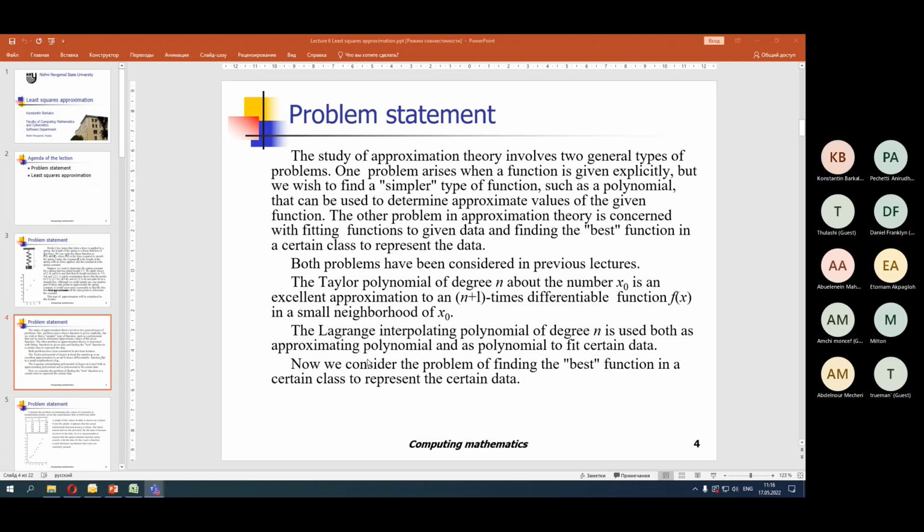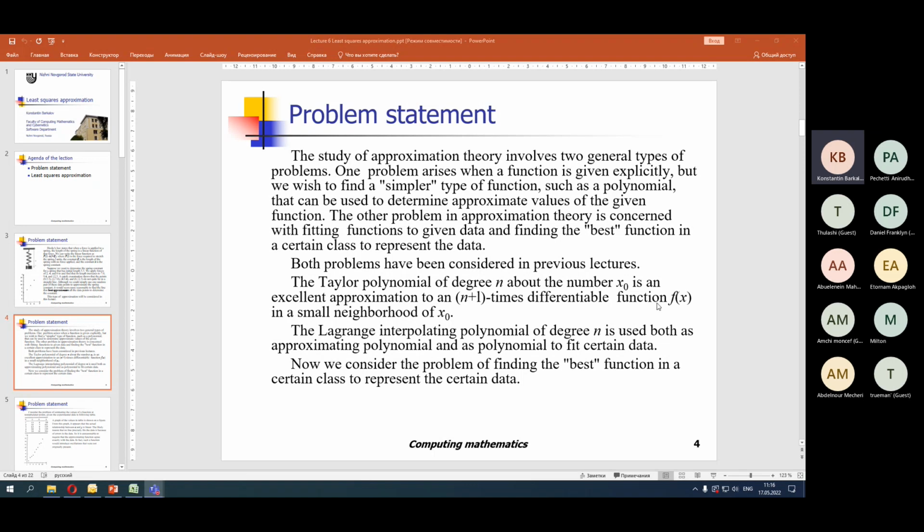For example, the Taylor polynomial, or Taylor series, of degree n about the number x0 is an excellent approximation to an n plus 1 times differentiable function f of x in some small neighborhood of x0.